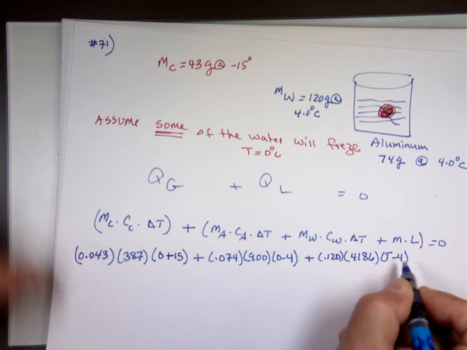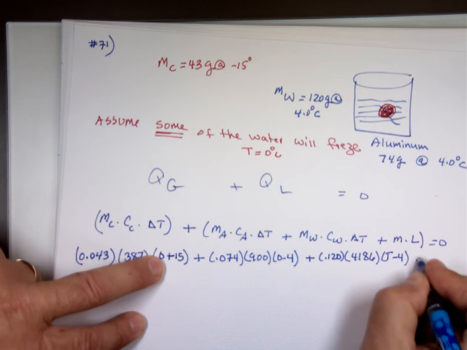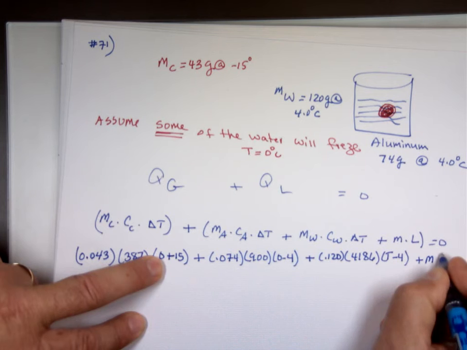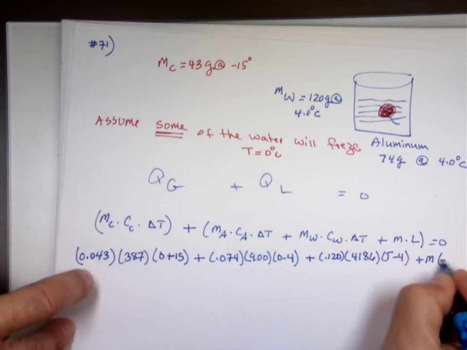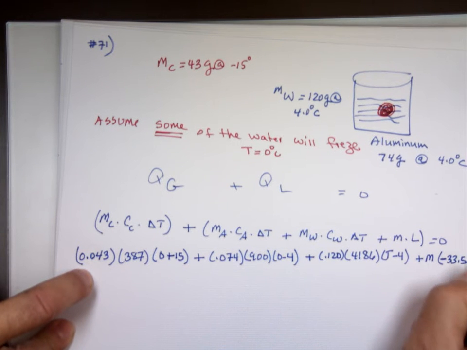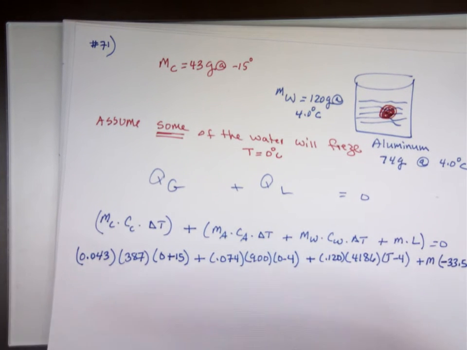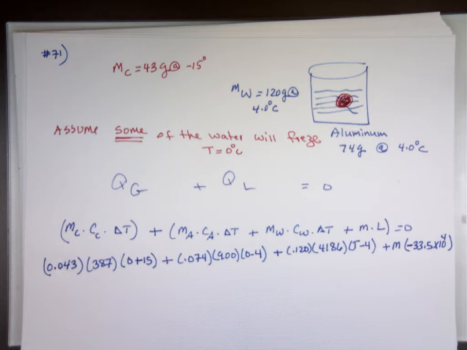And now we're saying a portion of the water, we're not sure how much, we'll call it M, times L. Now, water is going to freeze, it's going to lose some heat, that's a minus 33.5 times 10 to the 4. All of that should be 0.